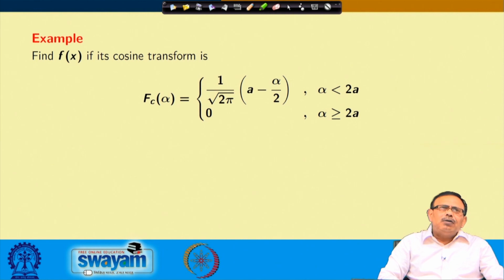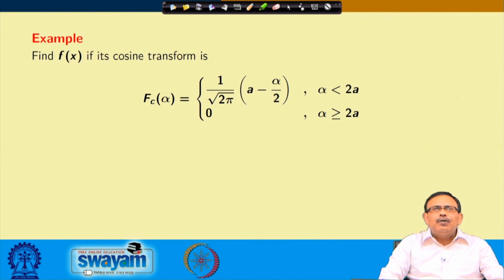I want to find out the function f x, that is, now I am talking about the inverse function, means I know the Fourier cosine transform of a function. I want to know what is that function f x whose Fourier cosine transform is 1 by root over 2 pi a minus alpha by 2, because that will be a function of alpha, when alpha is less than 2a, and alpha greater than equals to 2a, it is 0.